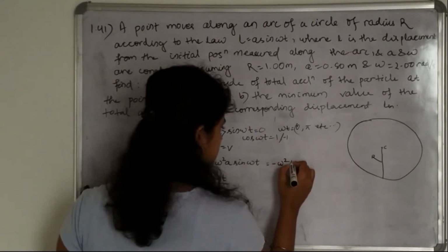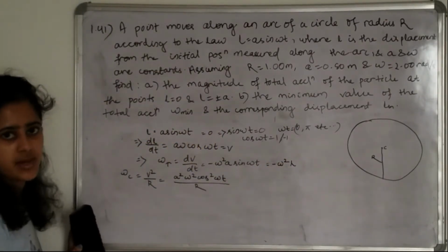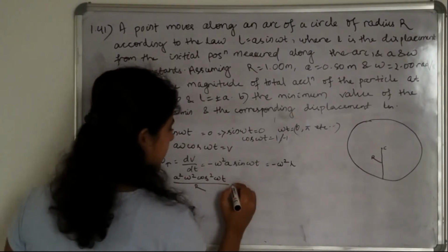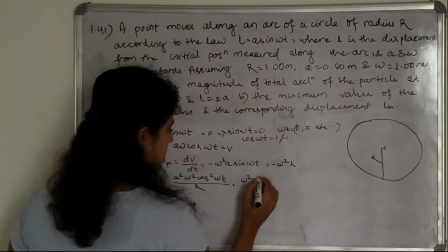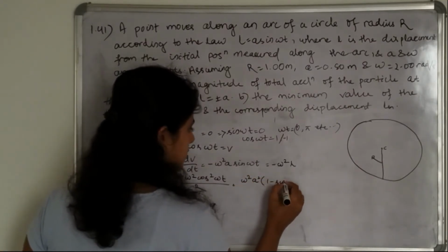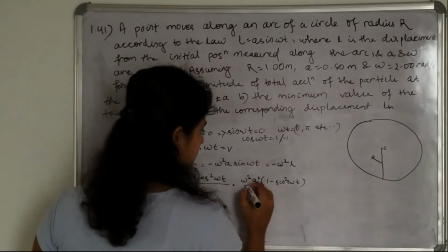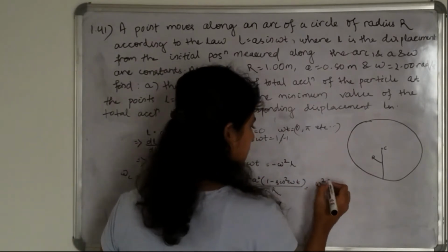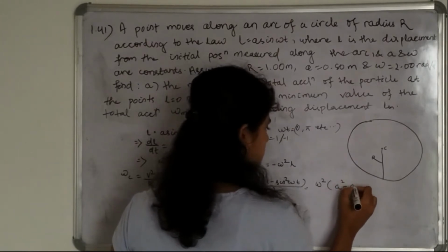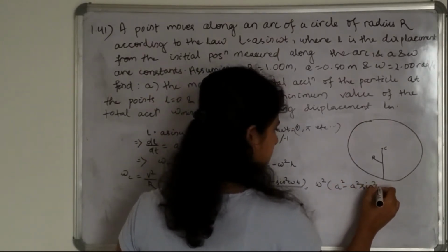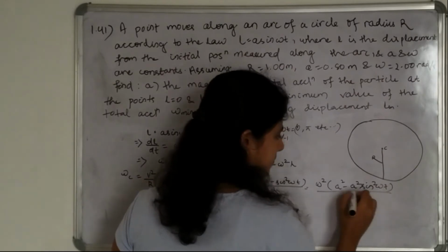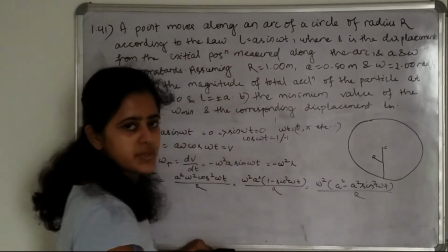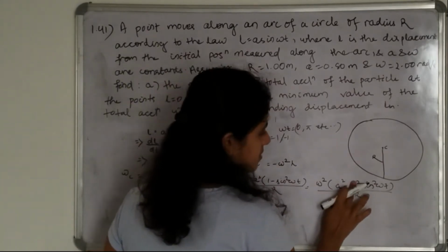Tangential acceleration will be minus omega square L. The centripetal acceleration I can write as omega square a square 1 minus sine square omega t divided by r. So this will be how much? Omega square a square minus a square sine square omega t divided by r. L is equal to a sine omega t. A square sine square omega t means L square. So simply write this here.